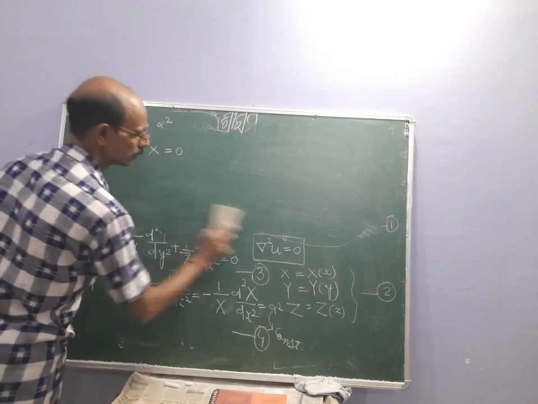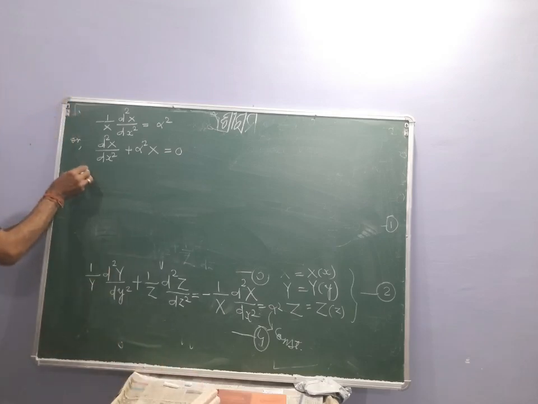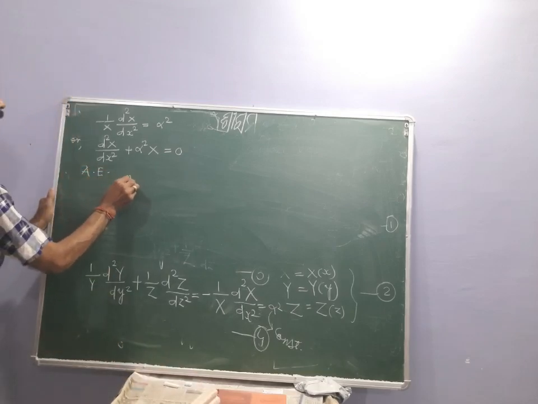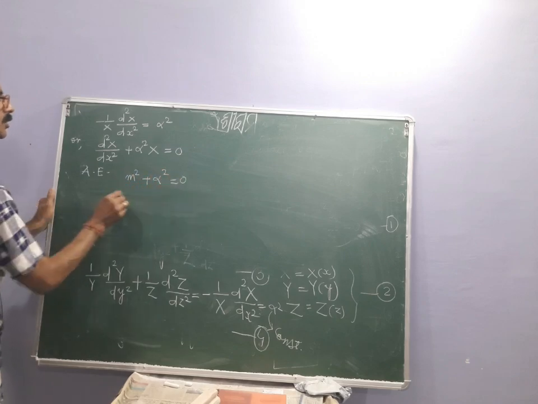By taking the auxiliary equation, what will be the auxiliary equation? Auxiliary equation is m square plus alpha square is equal to 0.